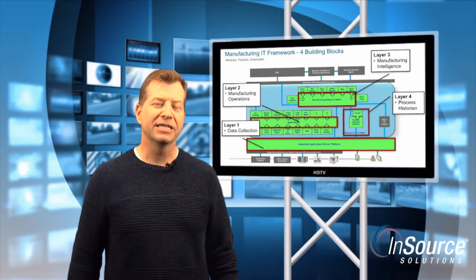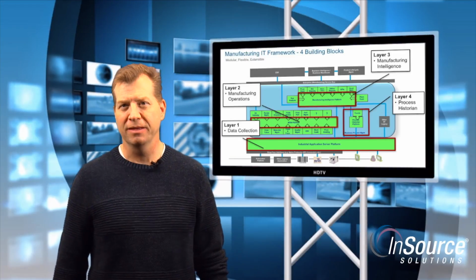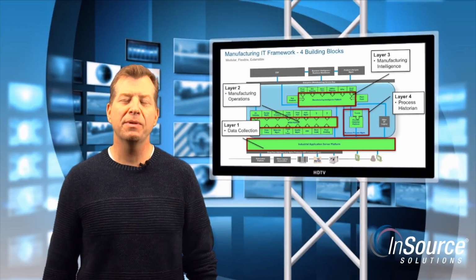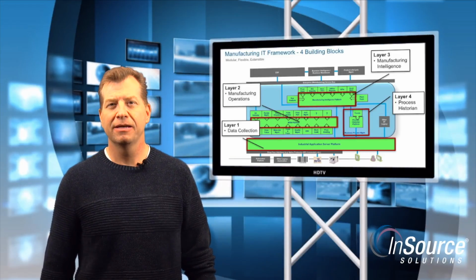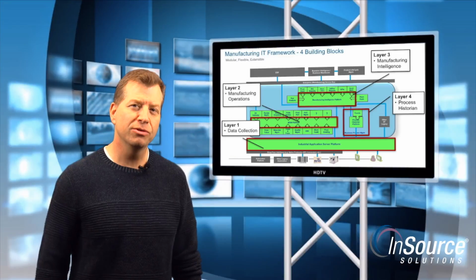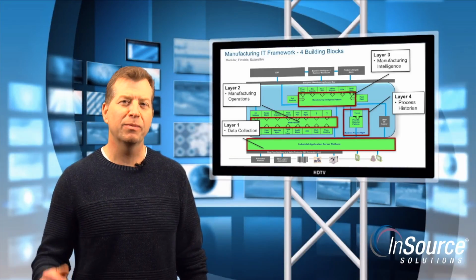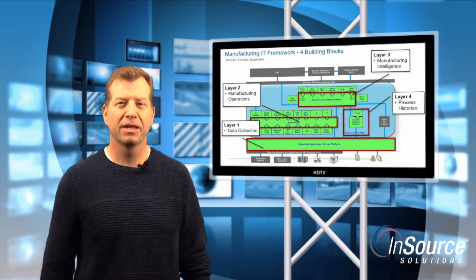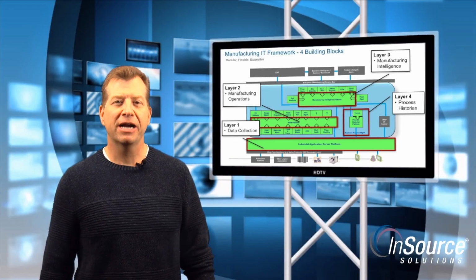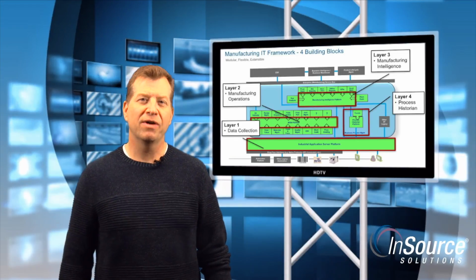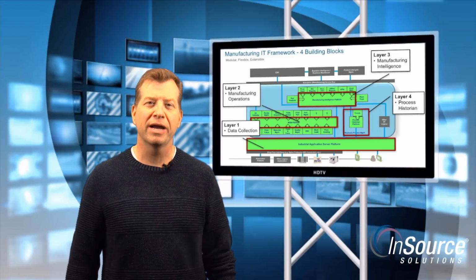The second layer is a manufacturing operations management platform, which supports common manufacturing activities. The platform enables modular solutions that can be plugged into it that address the specific business issues in your facility. The third layer is the manufacturing intelligence layer. It provides a single, coherent view of the plant.